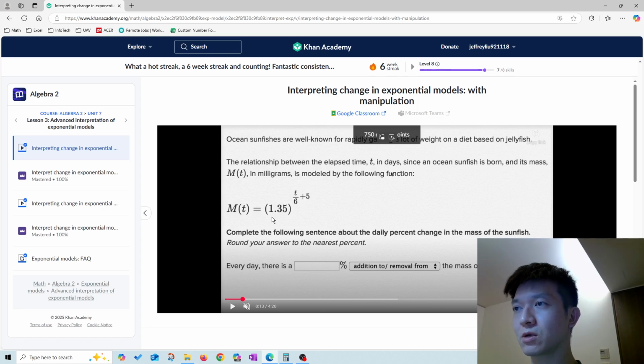So remember, addition to, so we're gonna get rid of the original one. If you plug in 0, of course this is gonna be 1, and then this is gonna be the original numbers that you have, 1.35 to the power of 5.